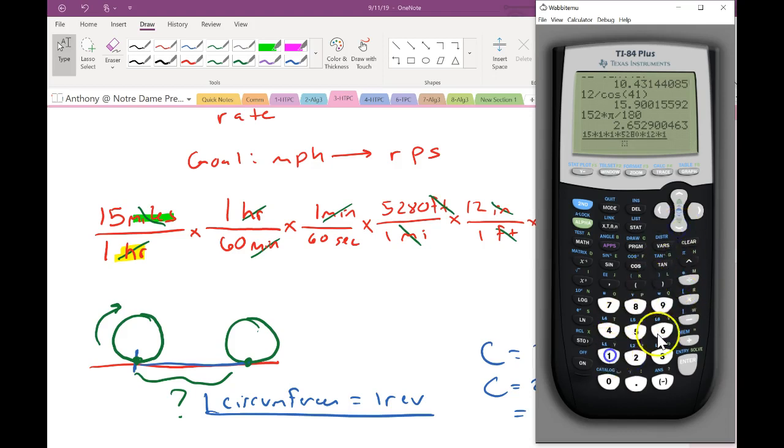And then on bottom I have 1 times 60 times 60 times 1 times 1 times 18 pi. Oh, goof. Look at what happened. I typed 6 instead of 60 there. I know, right? Goobered that up.